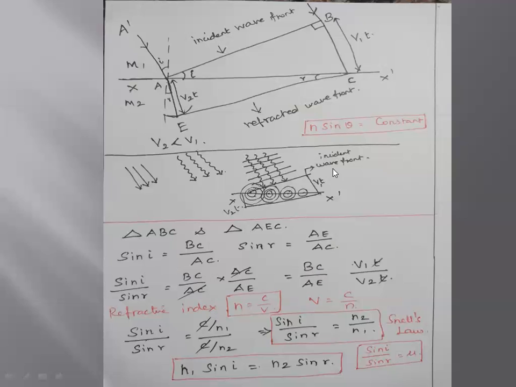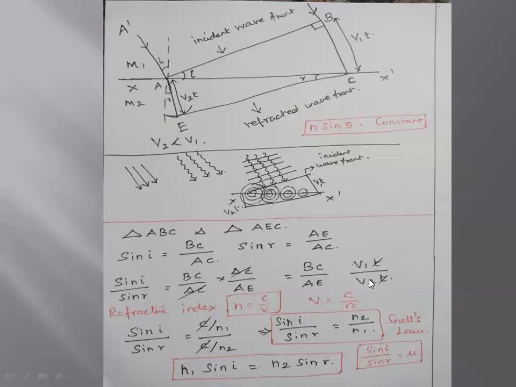What is BC here? BC is the distance where the light ray starts from B and reaches C. What is the value of it? d is equal to v1 into t. So instead of BC, I am writing v1 into t. And instead of AE, we are writing v2 into t. We are substituting the values. So t and t will get cancelled. What is the leftover? v1 by v2.